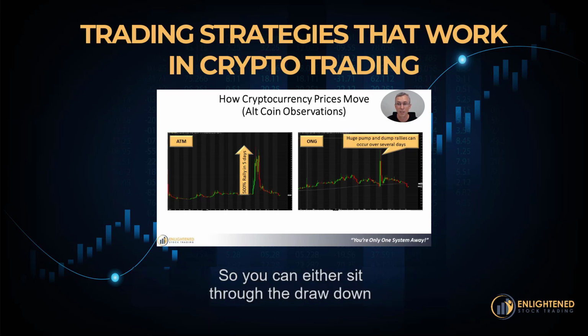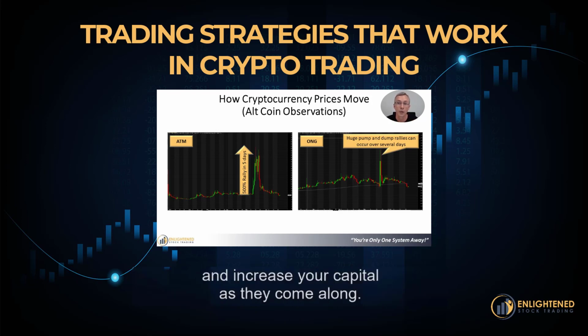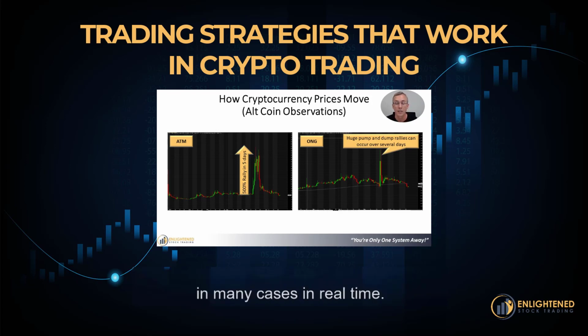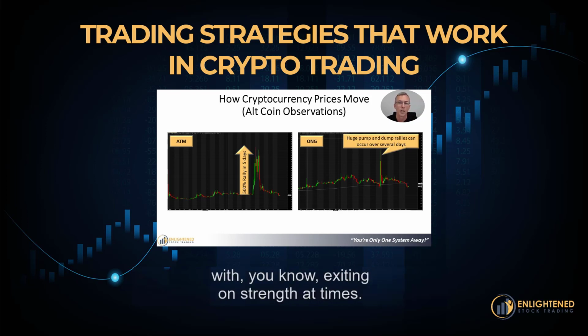So you can either sit through the drawdown and go, okay, well, that was a pump, it wasn't a trend. Or you can actually set the exit so that you can profit from these and increase your capital as they come along. You're not going to know the difference in many cases in real time. So you want to combine the concept of momentum breakouts with exiting on strength at times, and also a nimble exit if strength collapses.